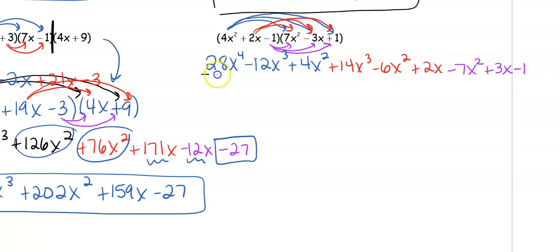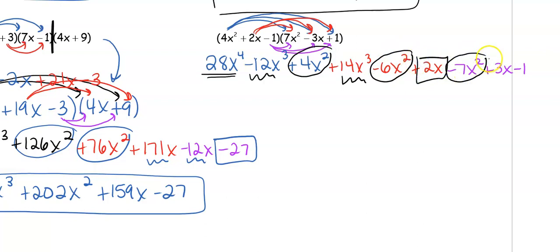Like terms, so we've got our 4th degree, our 3rd degree, our squareds, our x's, and then last our constant. So we combine those like terms. We start with 28x to the 4th, a negative 12 and a positive 14.